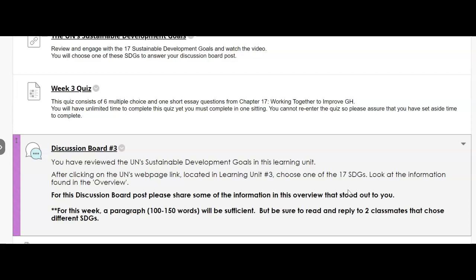This discussion board is going to be pretty simple. It's not going to take you a whole lot of time, and there's a reason for that. I want you to share some of the information that you found in the overview that really stood out to you. For this learning unit, a paragraph of 100 to 150 words is sufficient. That's less than it tells you in the grading rubric, but I want to give you time for something else. Be sure to read and reply to 2 classmates that chose different SDGs.